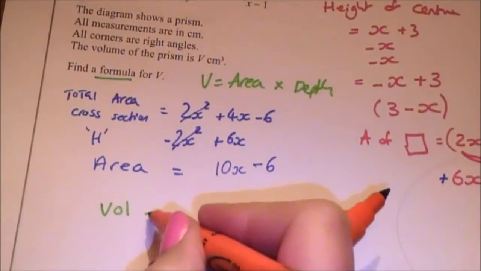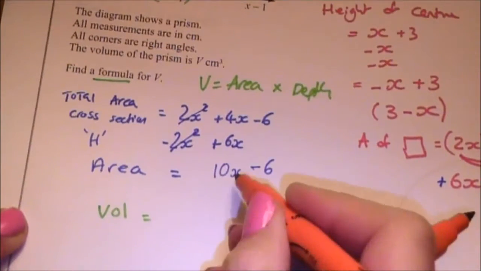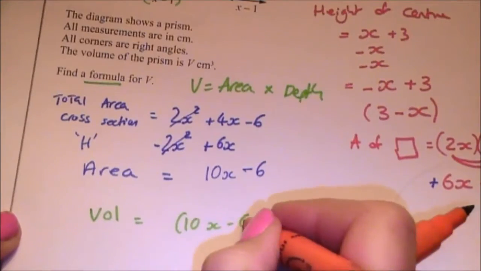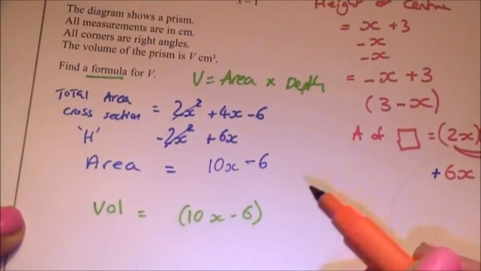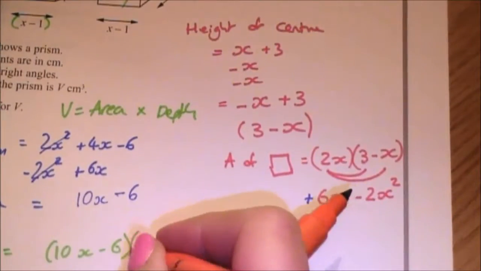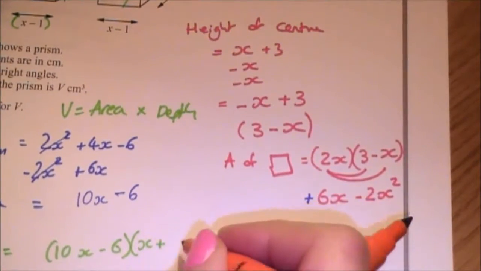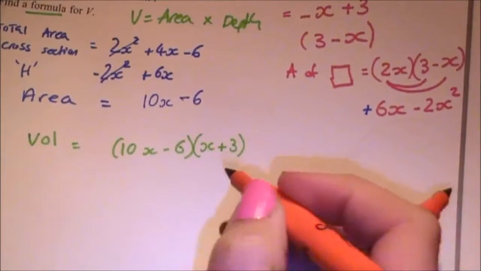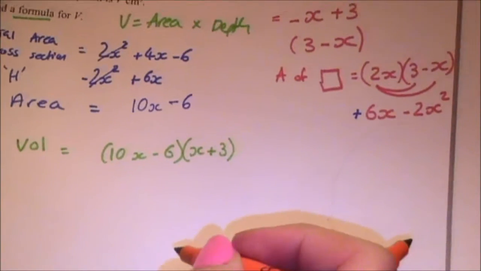So in order to find the volume, I need to take my area, which is 10x minus 6, and I need to times it by the depth, which is x plus 3, that one there. And now I can expand my brackets out.